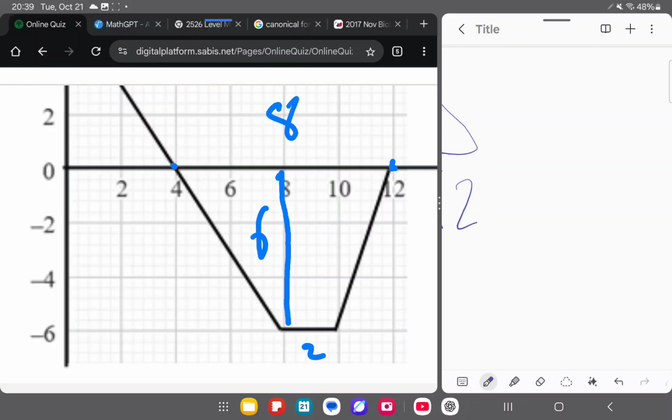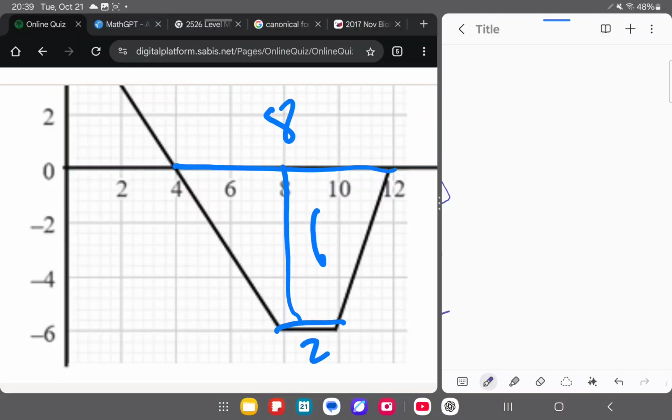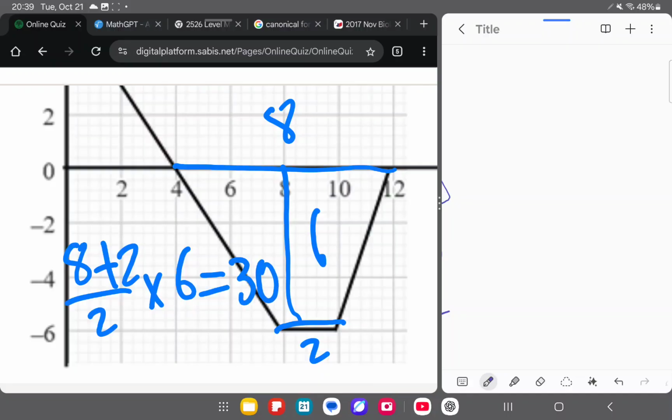So we'll do big base plus small base for this trapezoid: 8 plus 2 over 2 times 6, which is equal to 10 over 2 times 6, which is 5 times 6, which is 30. And knowing that this is in the negative direction, 30 meters becomes negative 30 meters.